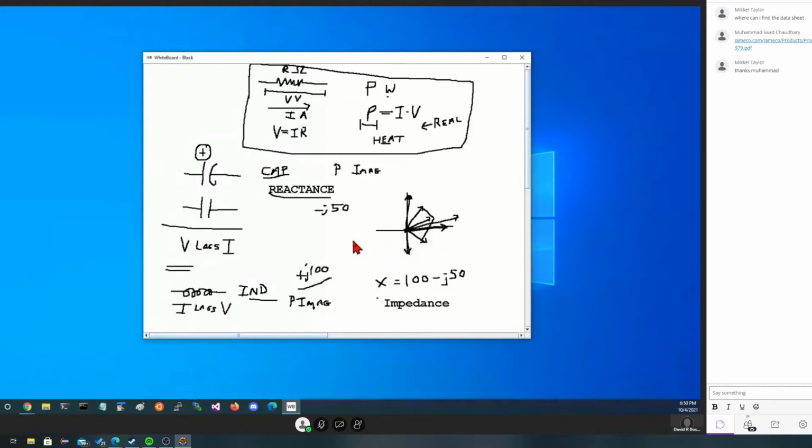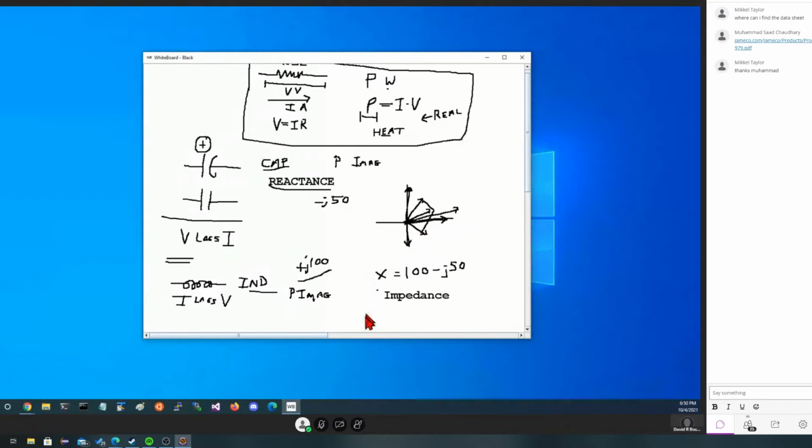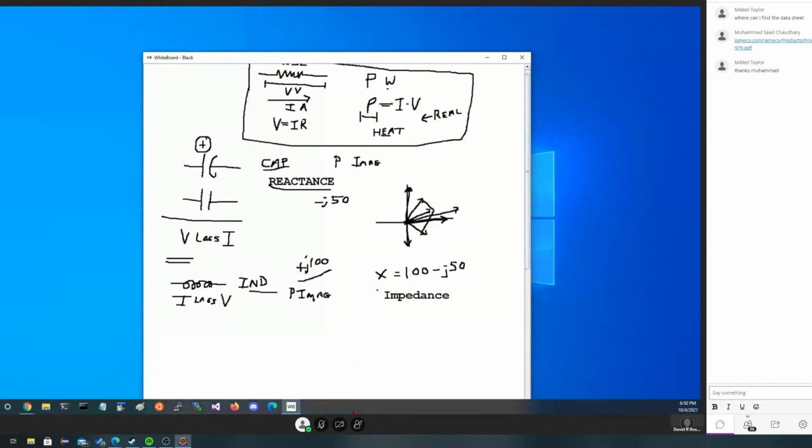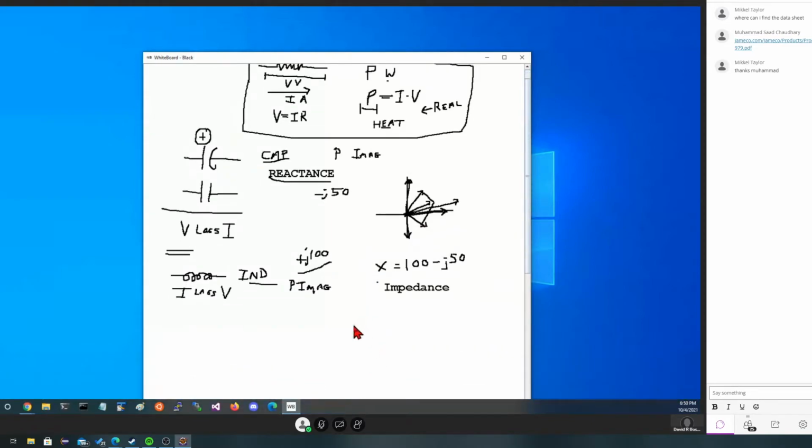Now, we are going to be working mostly with capacitance. So most of the circuits we see will have some resistance, some capacitance, where we can find the impedance of it being the vector sum of the two. And this would be whatever this number is here. Say it's 100 ohms.